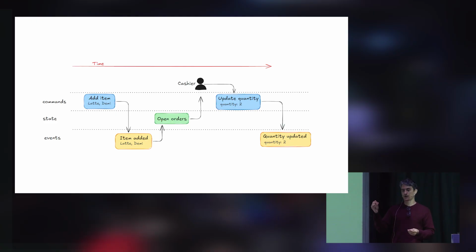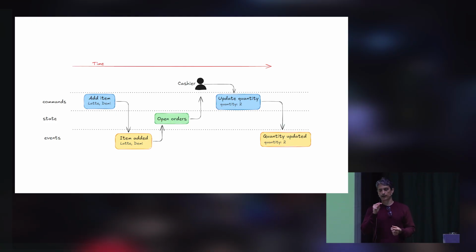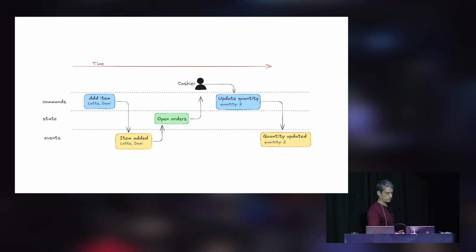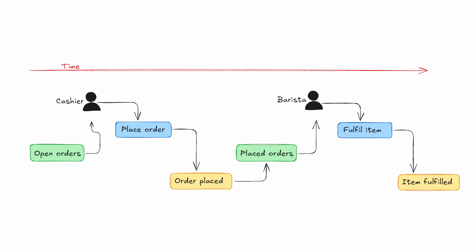And then I can have a staff member, the cashier maybe, look at those open orders, pick one, and continue to act on it. So maybe send another command to update the quantity of one of those items. And that results in a new event. And then I keep going, right? So now the cashier is ready to place the order, so they press a button on the UI that sends a command that results in an order placed event.